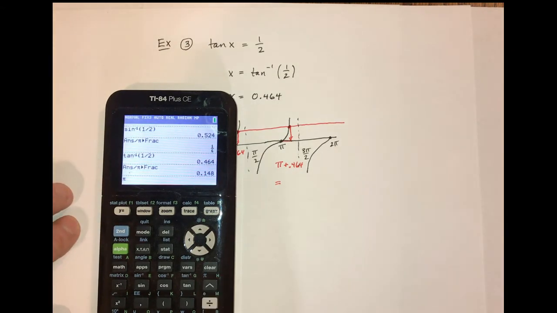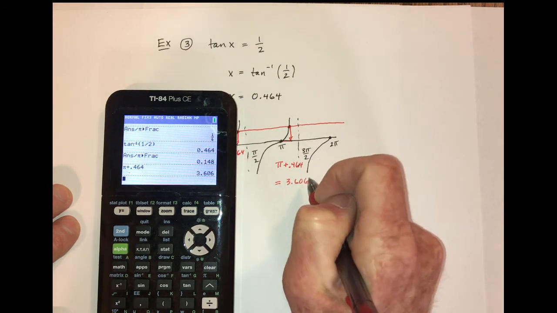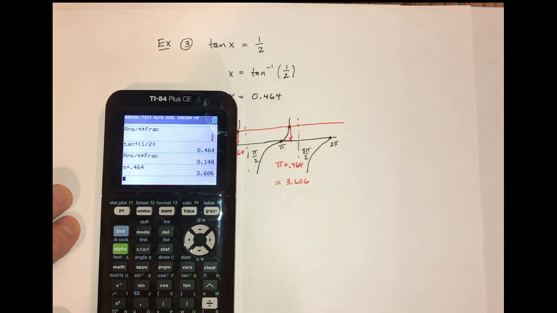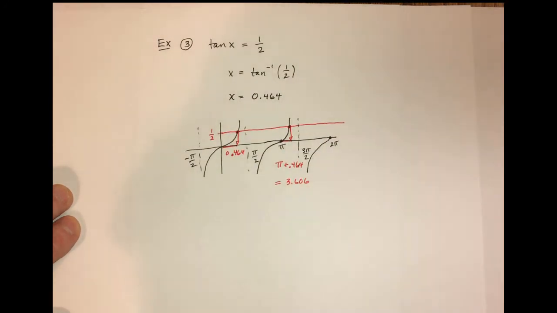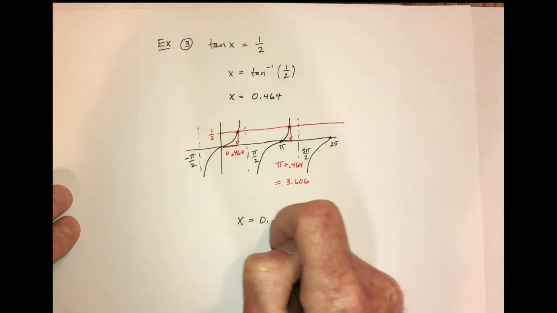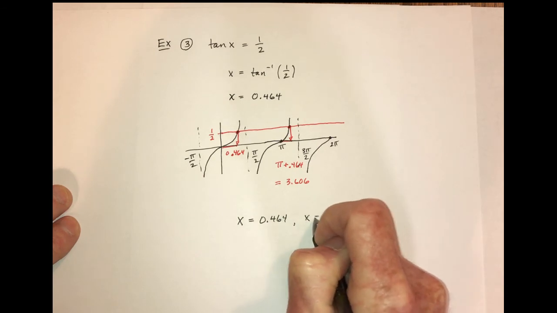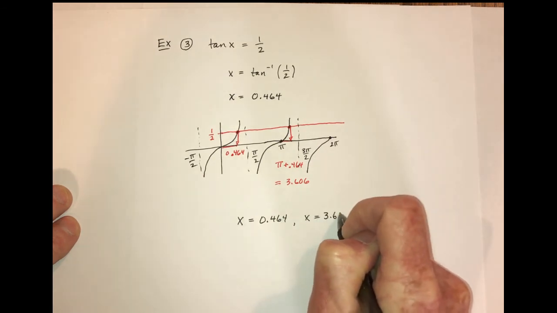So pi plus 0.464 is 3.606. And then those are the two solutions. So we get the decimal answer, x equals 0.464. Also, x equals 3.606.